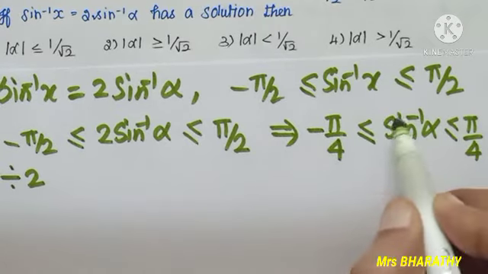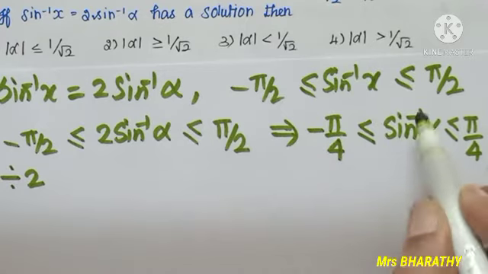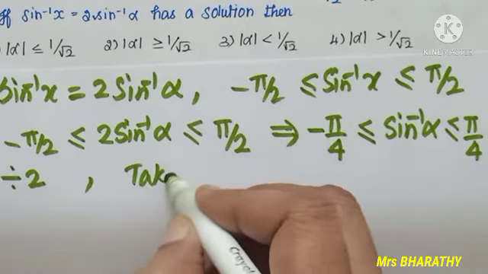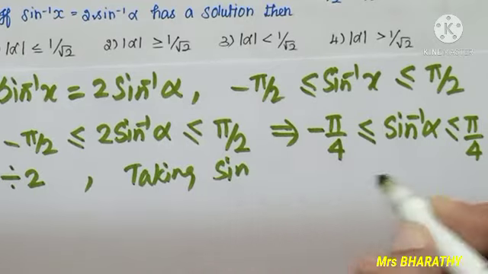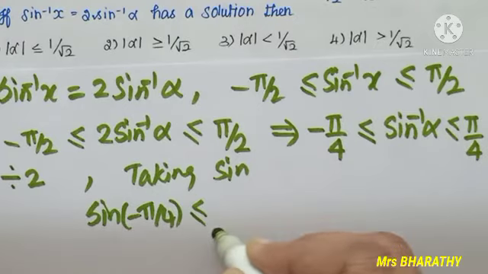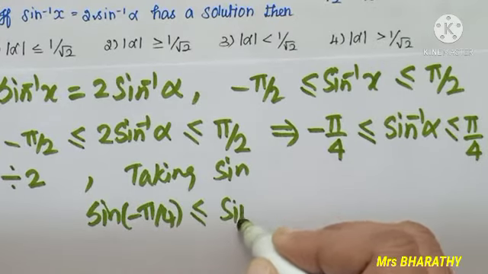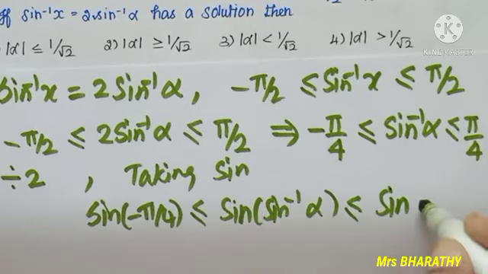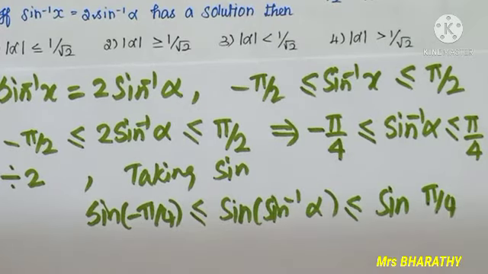Next step, taking sine, I get sine of minus pi by 4 less than or equal to sine of sine inverse alpha less than or equal to sine of pi by 4.